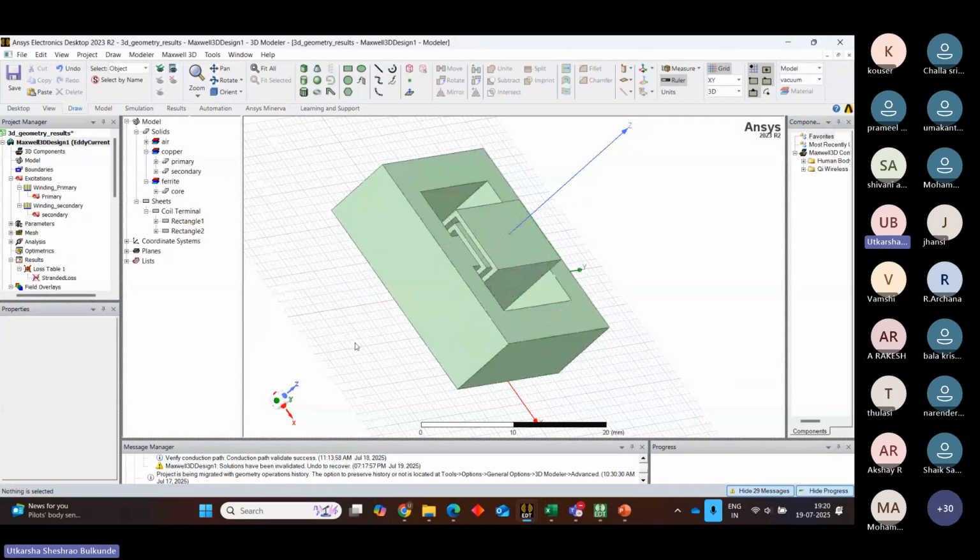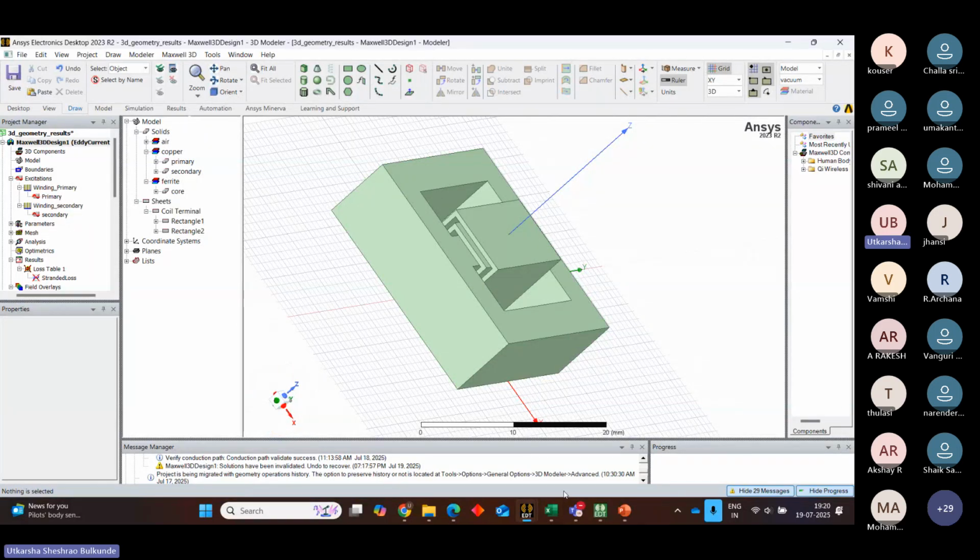It is not in the center, means its center is not the center of your Ansys Cartesian system. So this option we have not used here. But if we had formed our geometry in such a way that the winding's center was the center of our Ansys Cartesian system, then we would have been able to use the option section here.